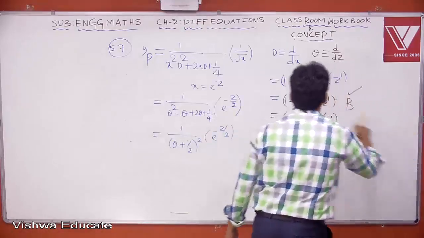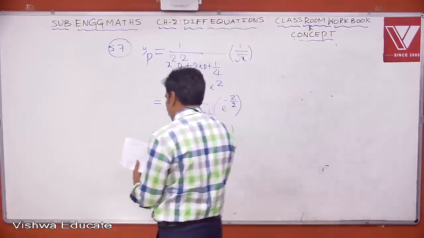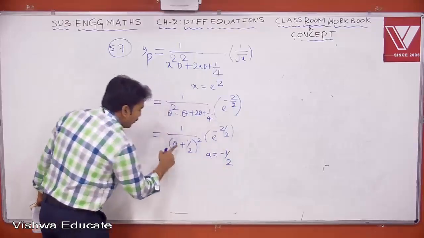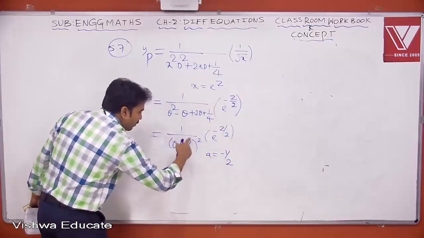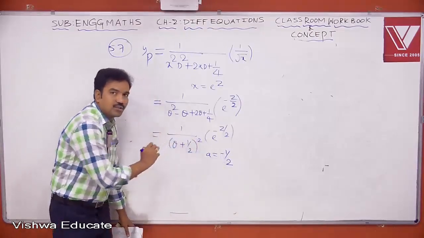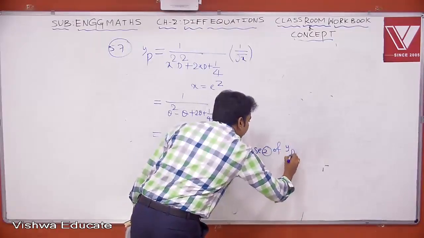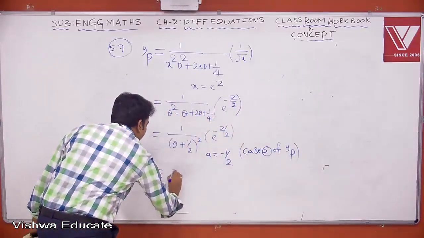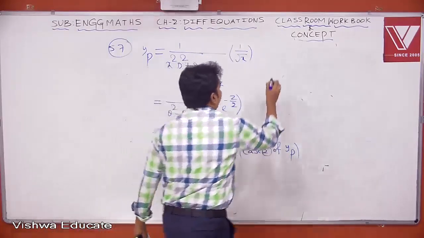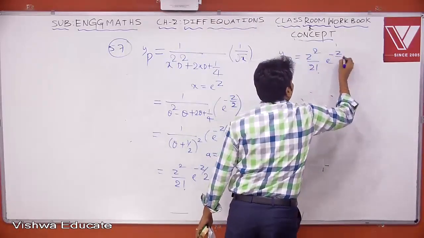Therefore, this expression will be equivalent to, here what is the value? Minus 1/2. When θ is replaced by −1/2, it will be 0. Therefore, −1/2 is a root of this equation with multiplicity 2. So at this moment, apply case 2 of the particular integral. Therefore this is replaced by z²/2! into e^(−z/2). So y_p equals z²/2! into e^(−z/2).